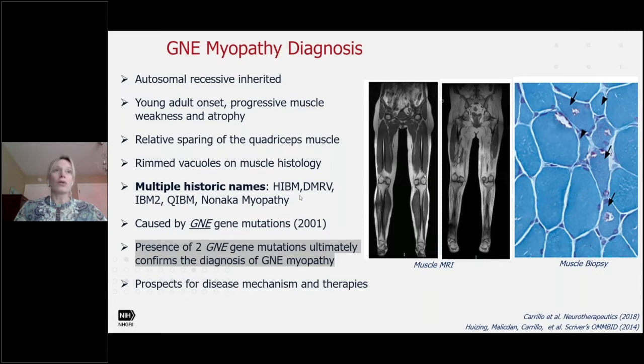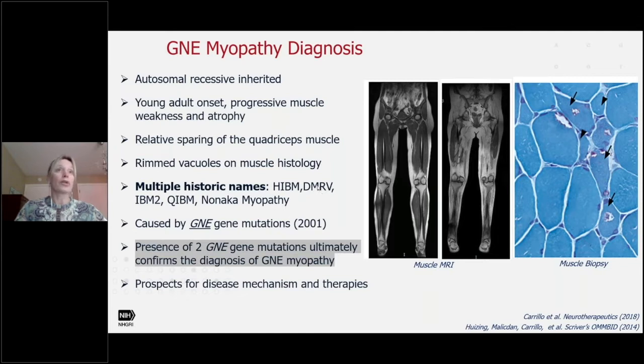What was also confusing to doctors and patients and did not help the diagnosis is that there were so many different names historically for this disorder, including hereditary inclusion body myopathy, HIBM, distal myopathy with rimmed vacuoles, DMRV, mostly called like this in Asia, inclusion body myopathy type 2, quadriceps sparing inclusion body myopathy, or Nonaka myopathy.